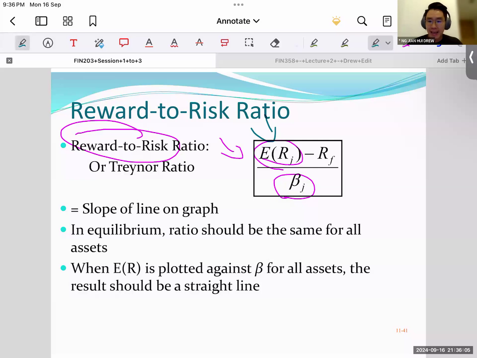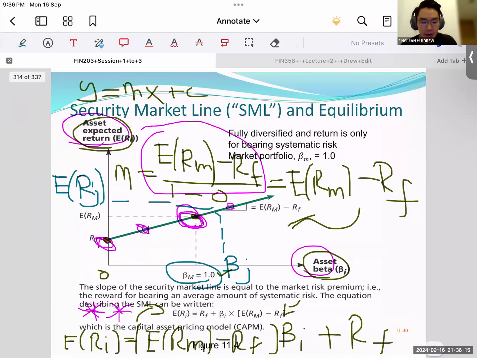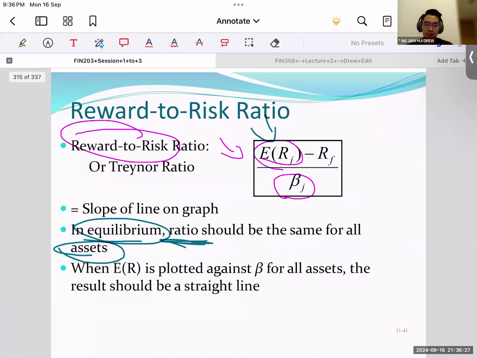Now, having understood that, you know that in equilibrium, the ratio, the gradient, is the same for all assets. This makes sense, right? At equilibrium, all your assets would lie on the line here. It means that all of your assets have the same gradient, and when you plot the line, everything will be on the straight line. So this equilibrium concept is very important.